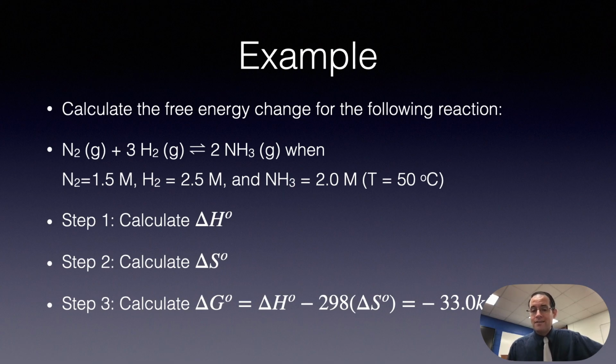But you want to do all this calculation, and then you want to calculate the standard Gibbs free energy change, okay? The delta G with a little circle there means standard Gibbs free energy change, and that's delta H minus T delta S, but you use 298 Kelvin, which is the standard temperature, and that value is minus 33.0 kilojoules per mole.